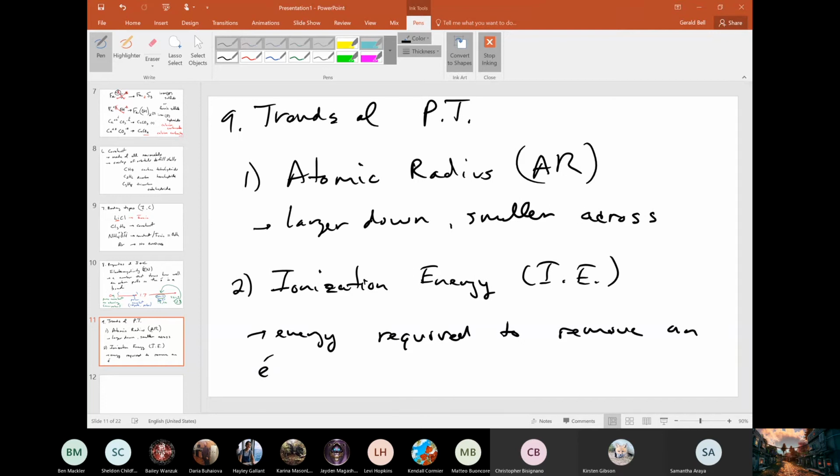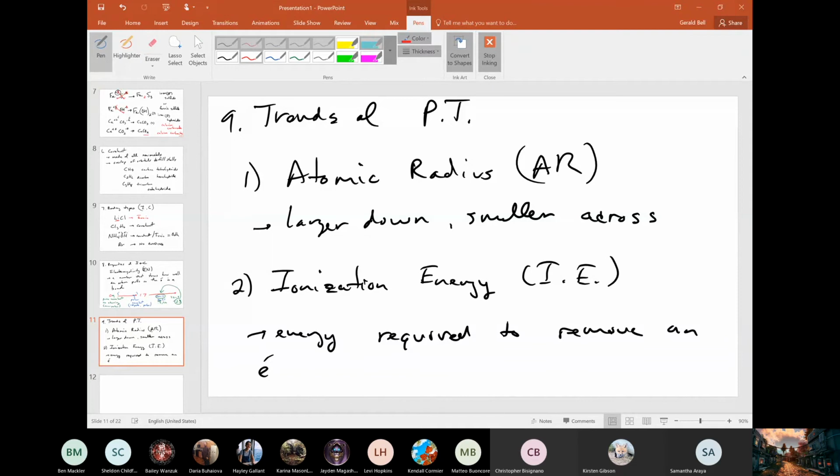And that all depended on the size. So the bigger an atom was, the easier it was to take an electron away. And the smaller it was, the harder it was to take it away. So you can think about your trends for that as well. They're all based on the radius.